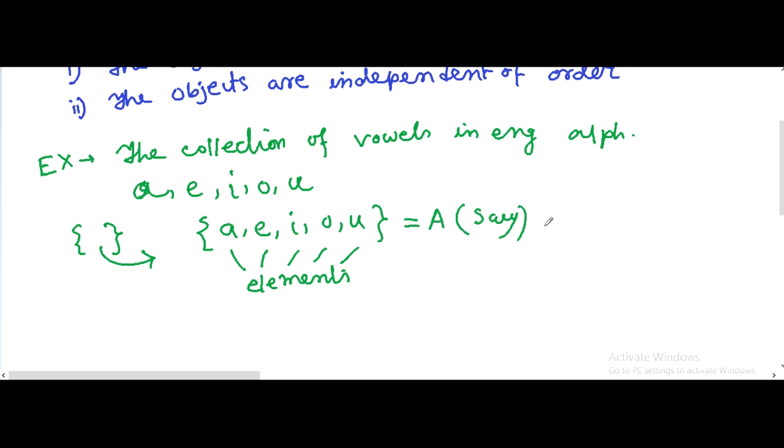Then we can say capital A contains small a.